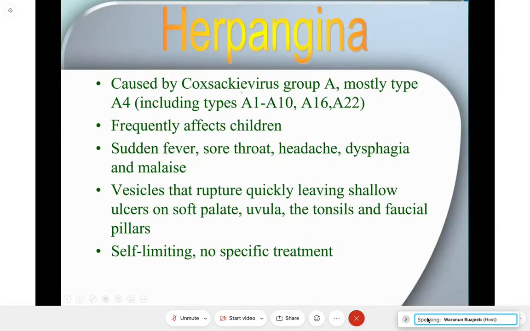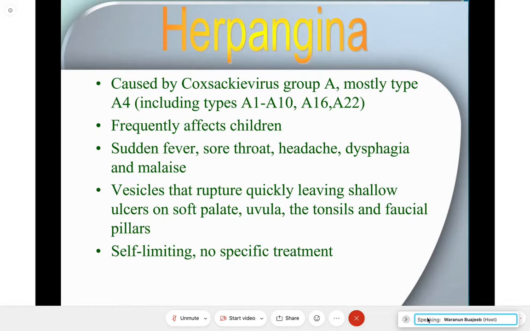and the most common is Coxsackie virus group A, a common cause of herpangina, mostly type A4. Herpangina normally occurs in children, with malaise and fever, and also sore throat.